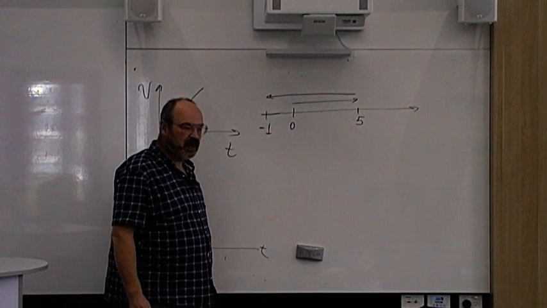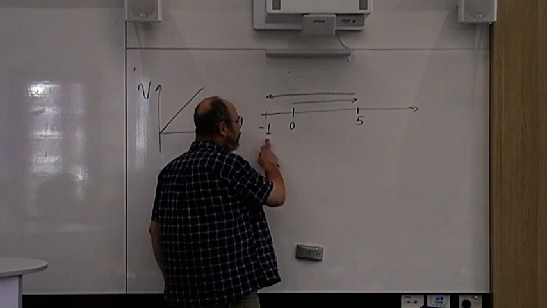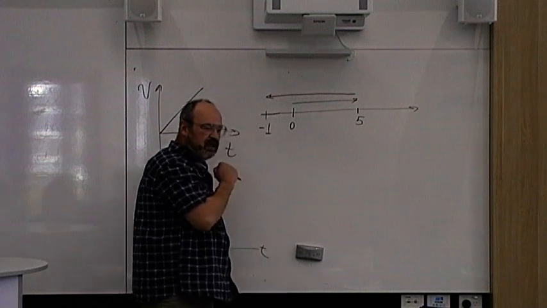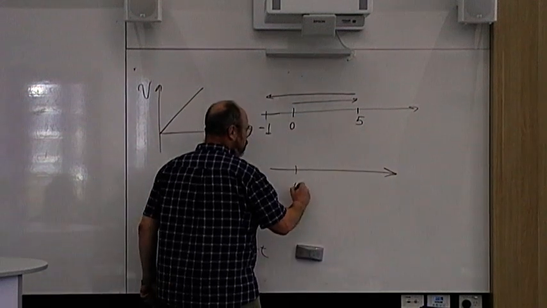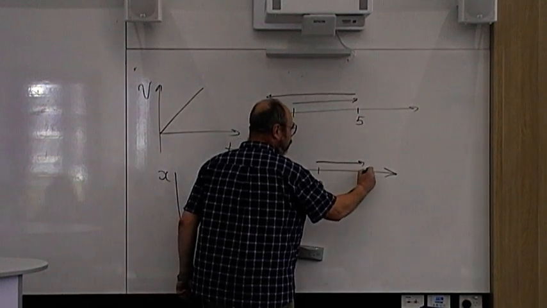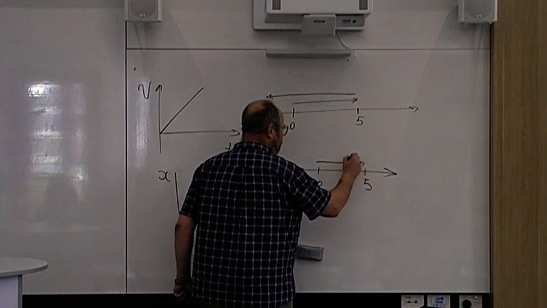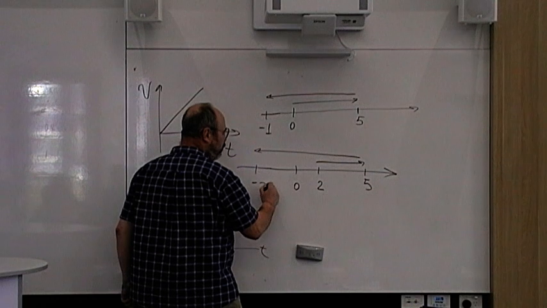But it's not necessary that position will equal displacement, because we can start not from 0. If 0 is here, the initial position is 2, we move up to 5, and then move up to -3.